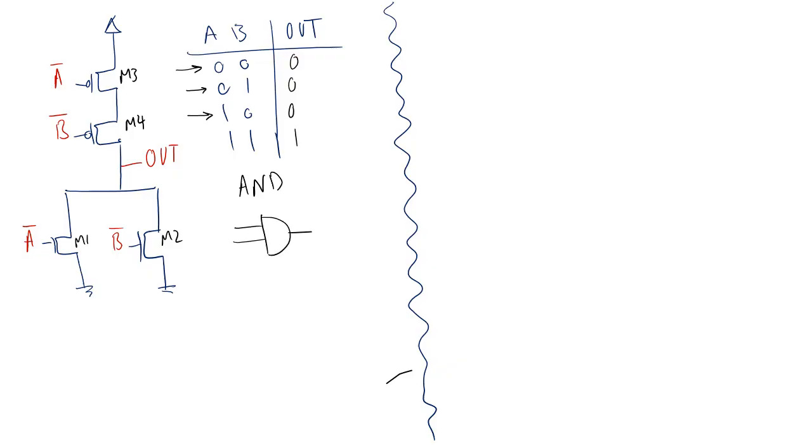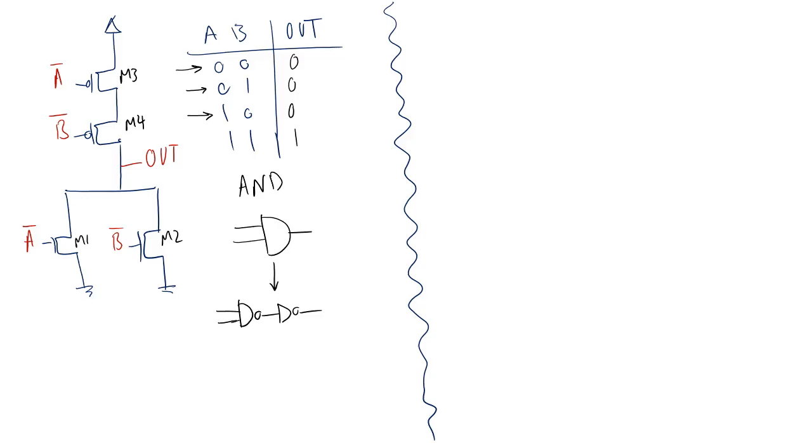Now you might think, okay, this is an AND gate, but I know that an AND is really a NAND plus an inverter, right? And I know how to build those circuits. I know how to build a NAND, and I know how to build an inverter.